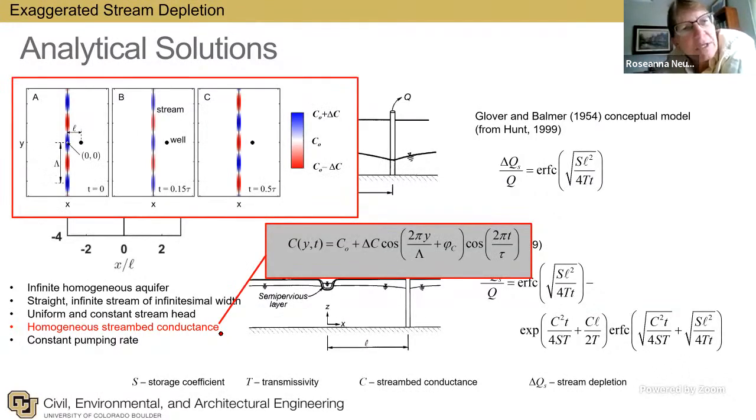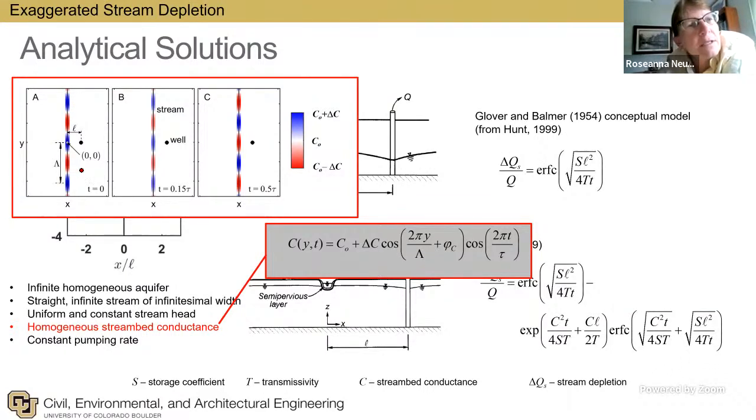Just like what we looked at on the previous slide, where the stream bed had higher hydraulic conductivity in the riffles or in the pools, depending on whether we had high flow or low flow. We did the same thing here, but just on a linear stream. So the blue is showing high stream bed conductance or high stream bed conductivity.